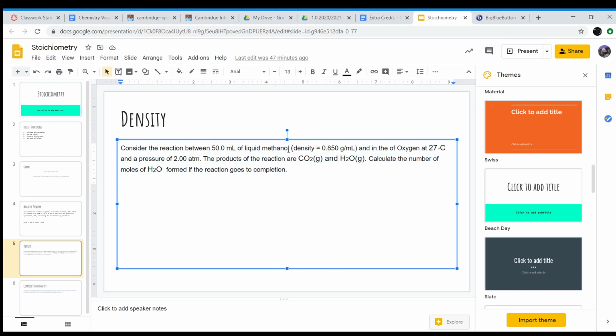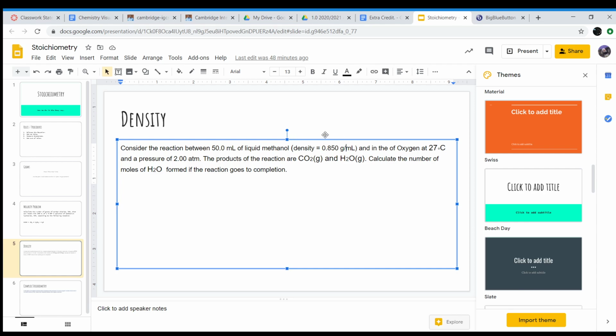In this case, it gives us density, okay? Now, this problem says that we have 50 milliliters of liquid methanol, and it gives us our density. The first thing we should notice is that density comes in grams per milliliter, okay?